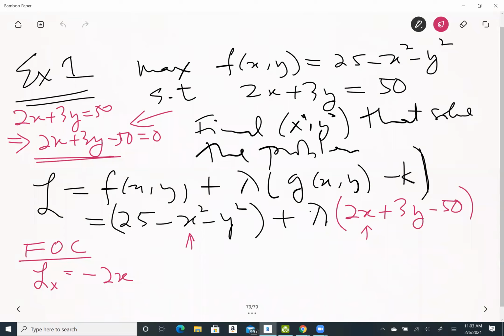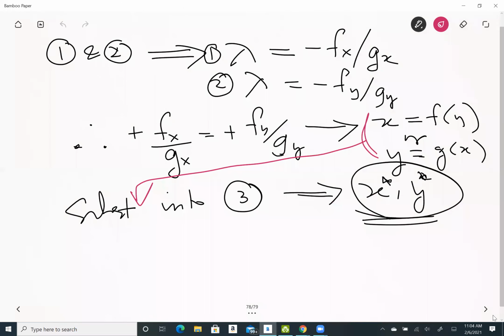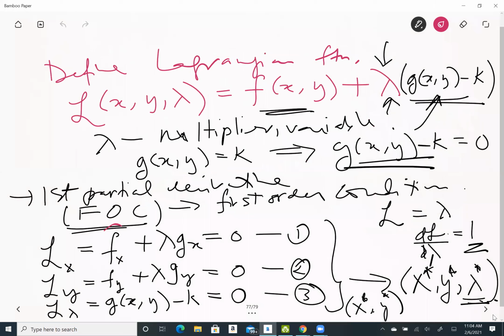Okay? 2. But multiplied by lambda, lambda 2, or 2 lambda. So we go back to the formula. It's lambda multiplied by gx. So don't forget the lambda. The lambda is multiplied to the derivative of g with respect to x.